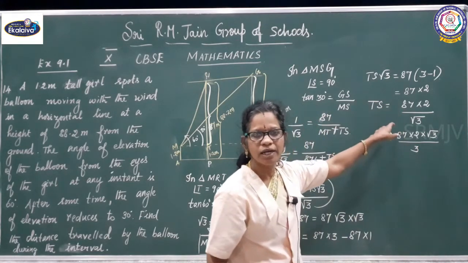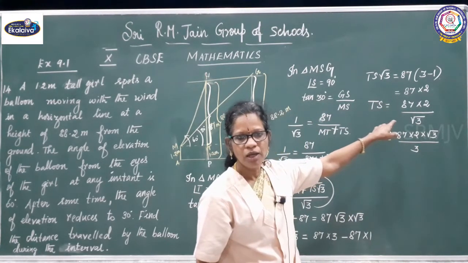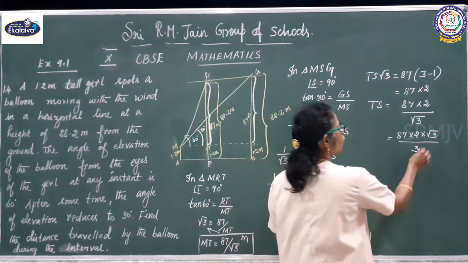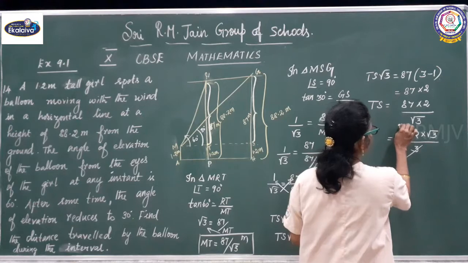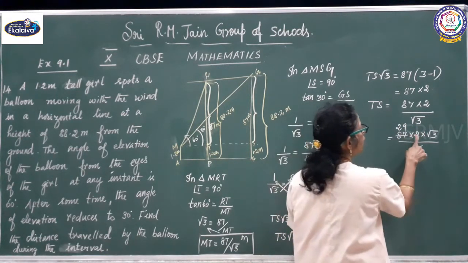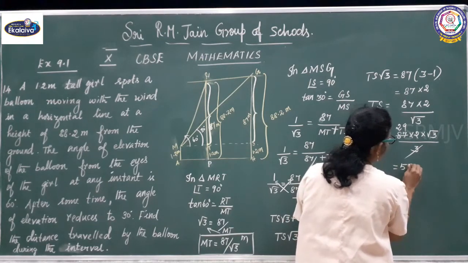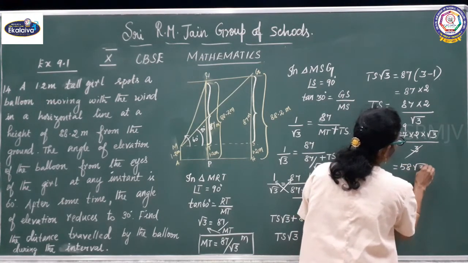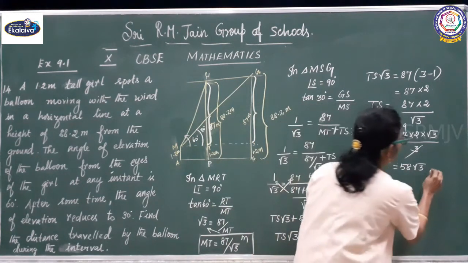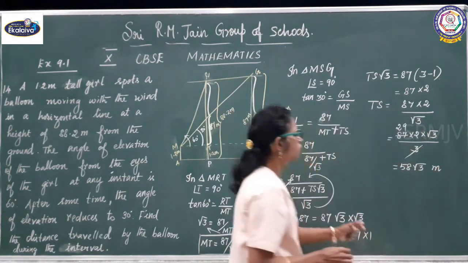Multiply both numerator and denominator by root 3. Why? Because you are rationalizing the denominator. Now 3 2s are 6, then you will get 29 into 2, 58 root 3. TS equals 58 root 3.